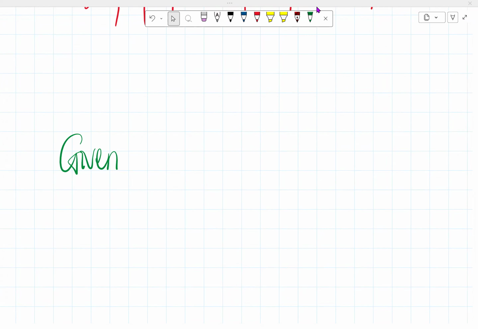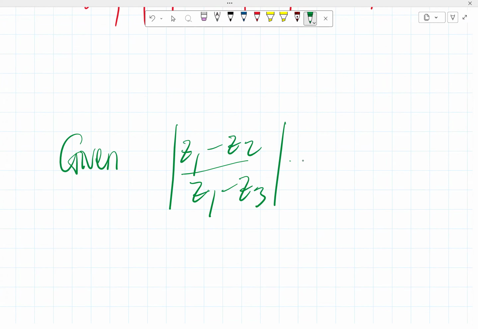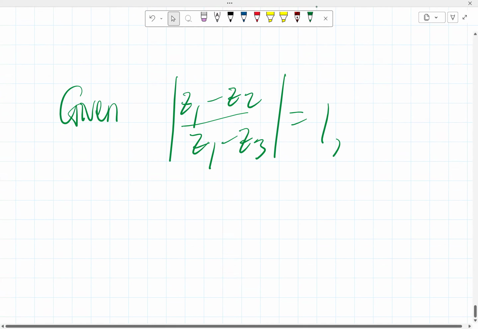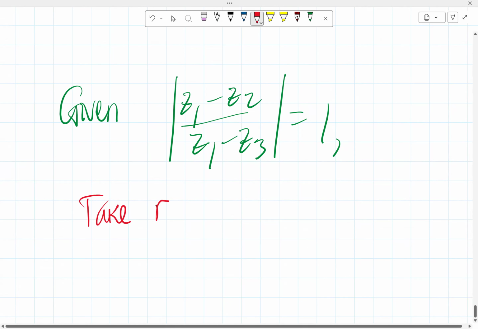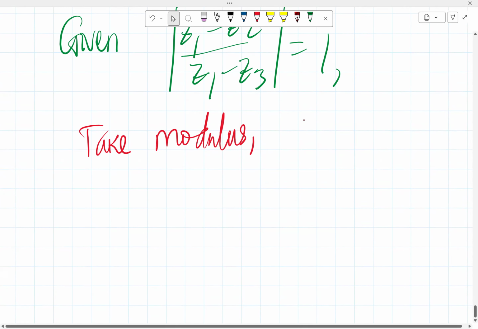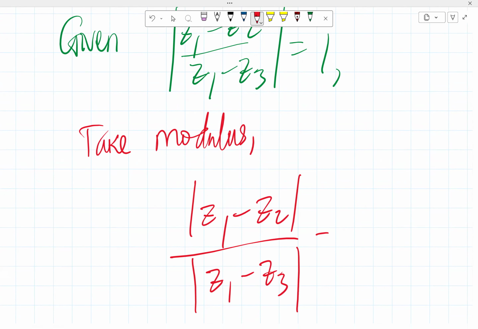So given that the absolute value of Z1 minus Z2 all over Z1 minus Z3 is equal to 1, what do we do? We take the modulus of each one. So we have the absolute value of Z1 minus Z2 all over the absolute value of Z1 minus Z3 equals 1.